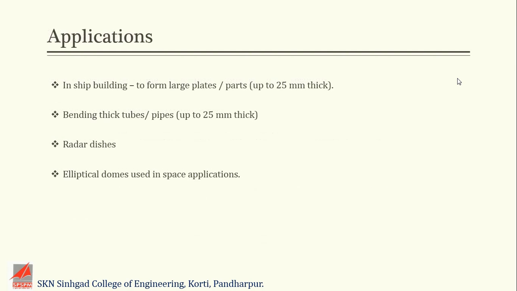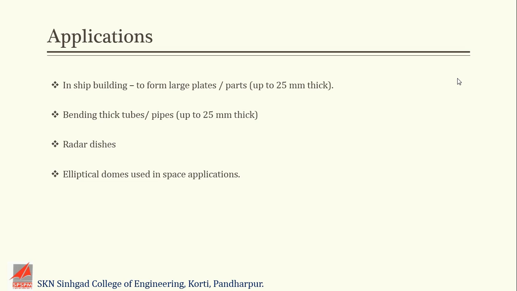Now we will see the applications. In shipbuilding, large plates up to 25 mm thick we can form by using this high energy rate forming process. Bending of thick plates up to 25 mm thickness we can achieve by this technique. Radar dishes also we can make. Understood?